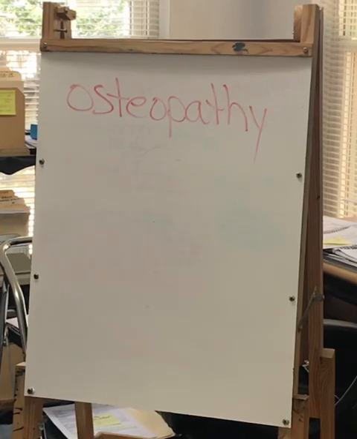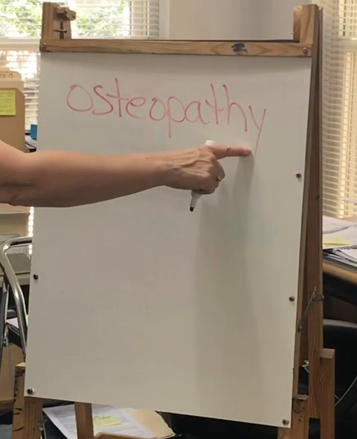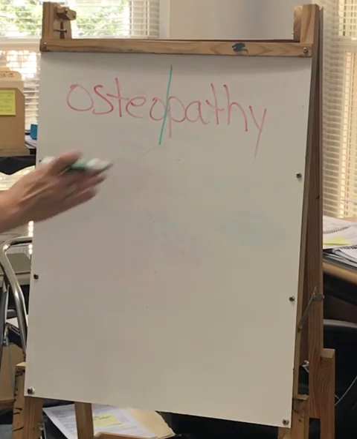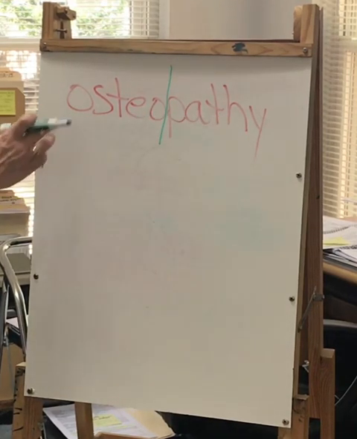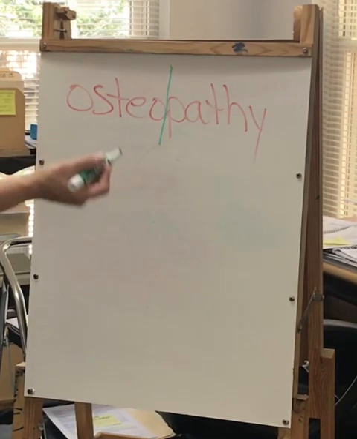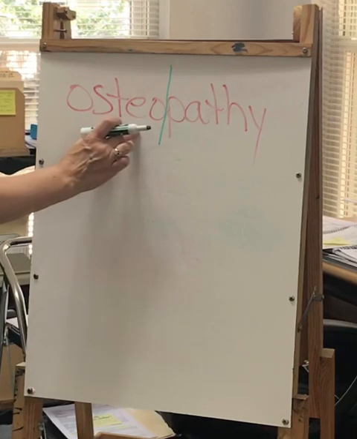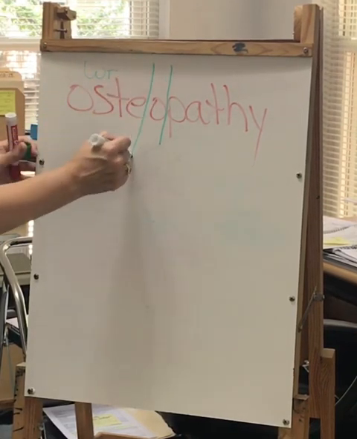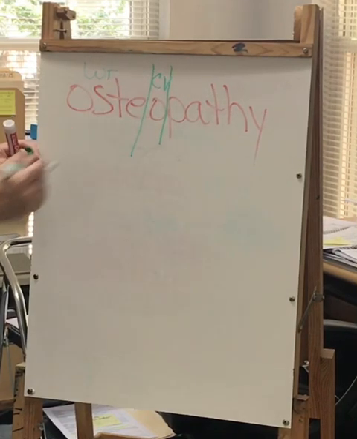Look for your suffix. Your suffix was pathy. Put a line in front of it. All right, so we have the suffix. Now you're looking at osti, and you learned this, osti/o, as a combining form. Osti was the word root, and o was the combining vowel.